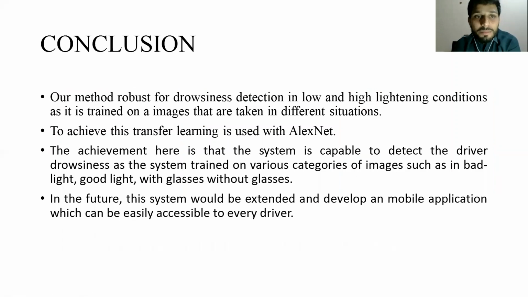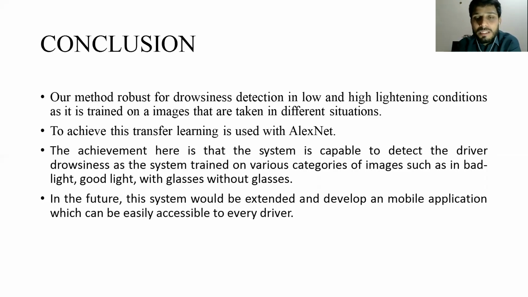In conclusion, our method is robust for detection in low and high lighting conditions. As I told earlier, the system is trained on various types of datasets, like bad light, good light, with glasses, and without glasses.